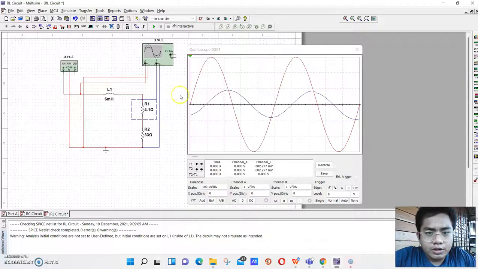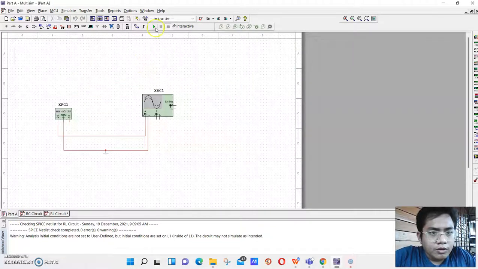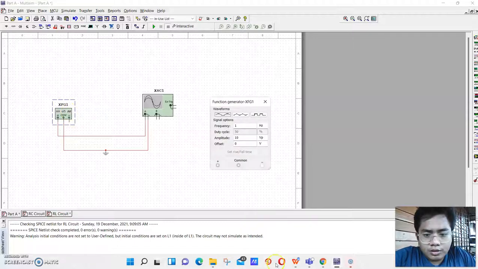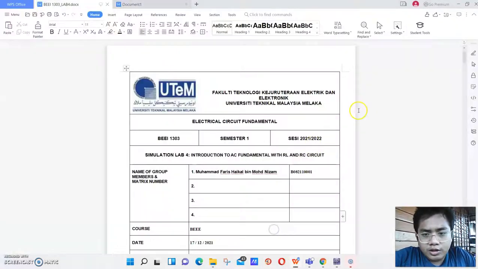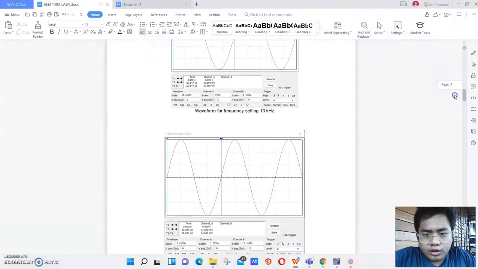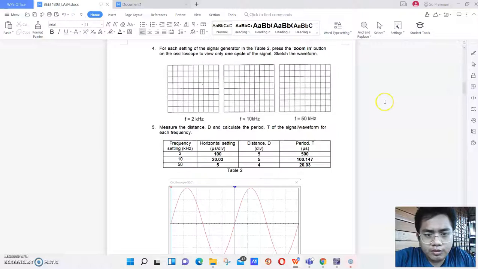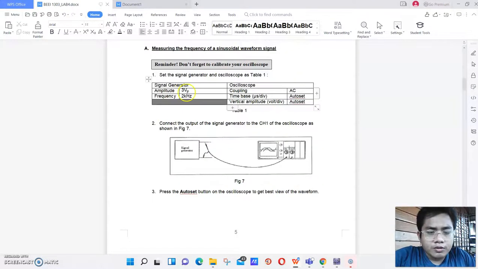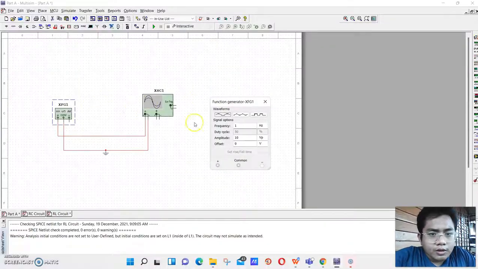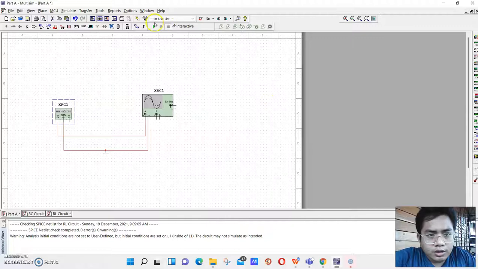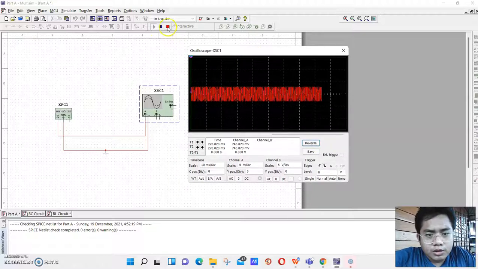So this is my Multisim for part A. First we have to set the function generator with the setting given from the lab report. From the function generator, the amplitude is 3 V peak and the frequency is 2 kHz. Then we run the simulation and open the oscilloscope.